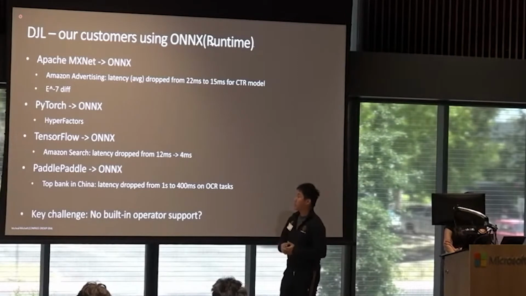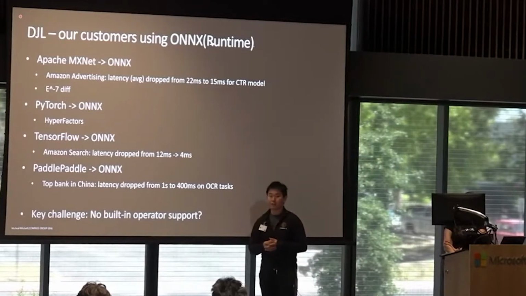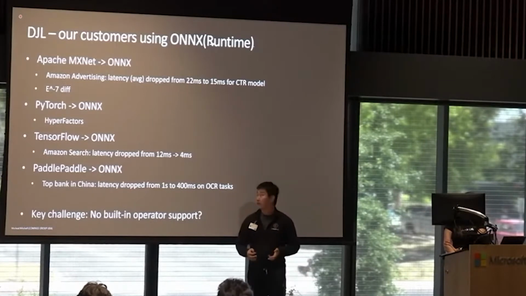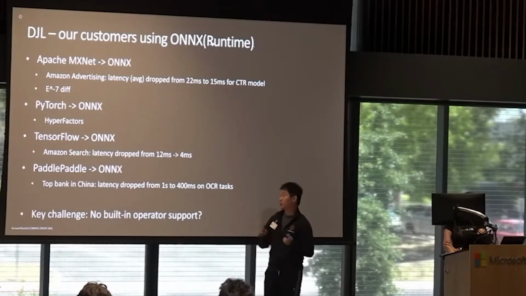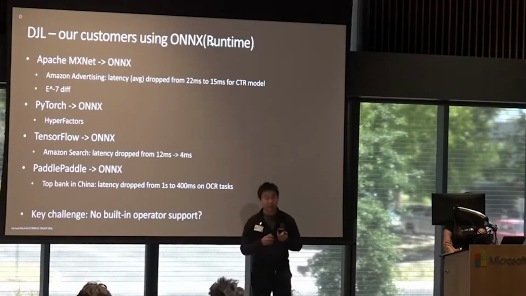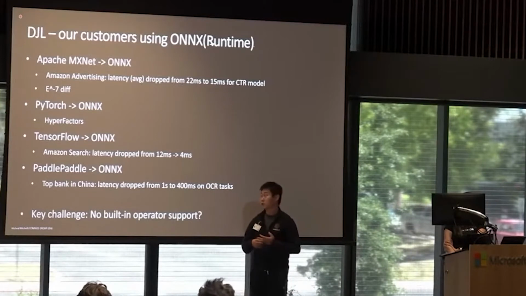And also, after switching to ONNXRuntime, we can provide thread-safe multi-threading inference by leveraging multi-core CPUs. On the other side, after doing the conversion from MXNet to ONNX, we did a correctness test to ensure that the output after the conversion is still the same.